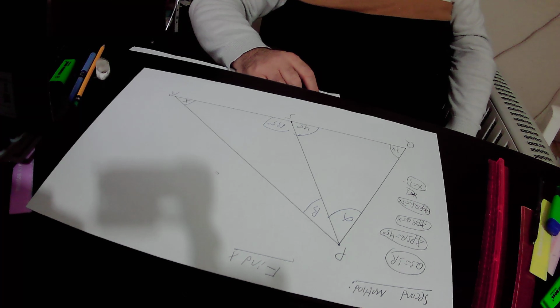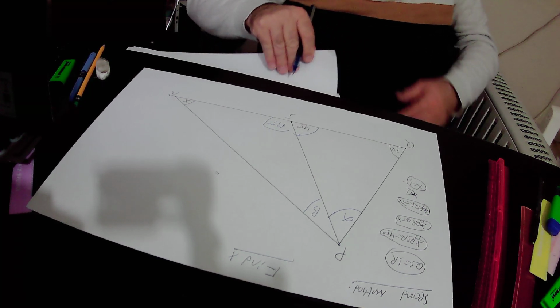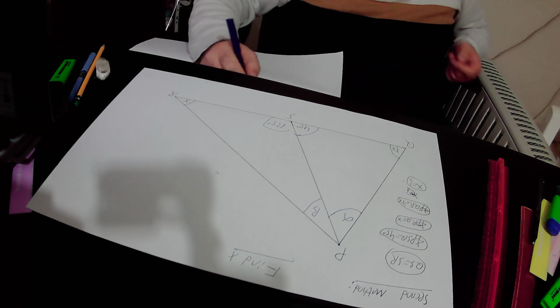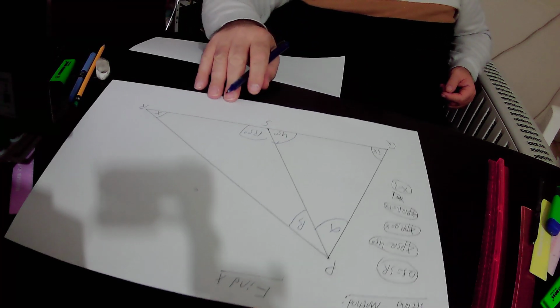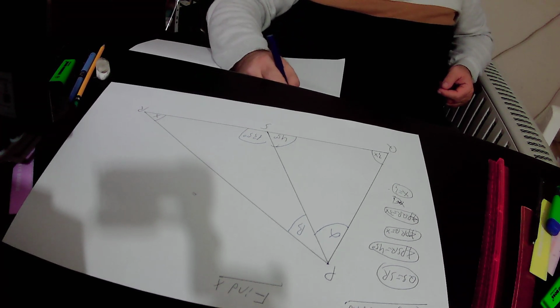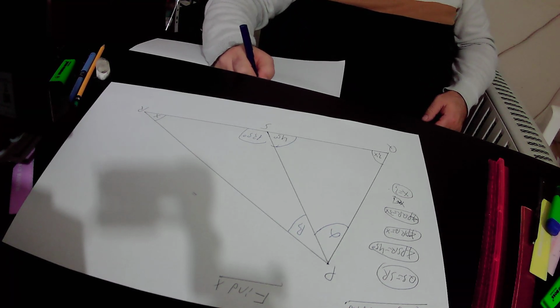Again, we know that the sum of the angles in any triangle equals 180 degrees. So in triangle PQS, the sum of the angles is equal to 180 degrees. That is to say, alpha plus 3x plus 45 degrees must be equal to 180 degrees.